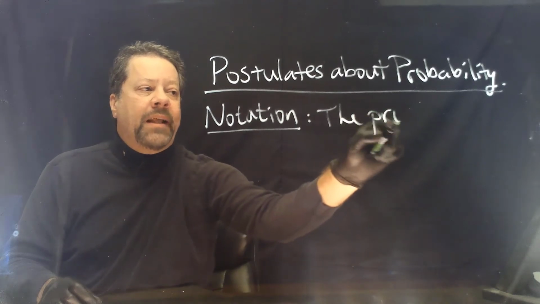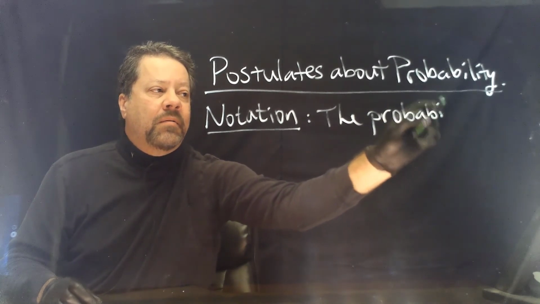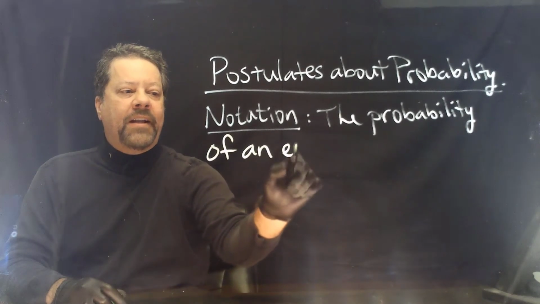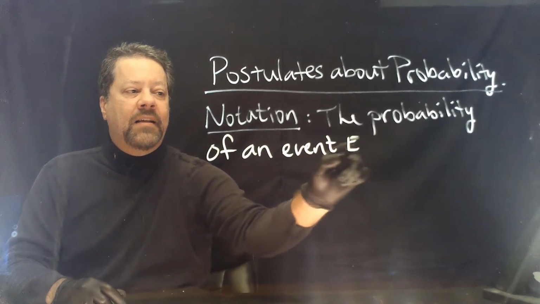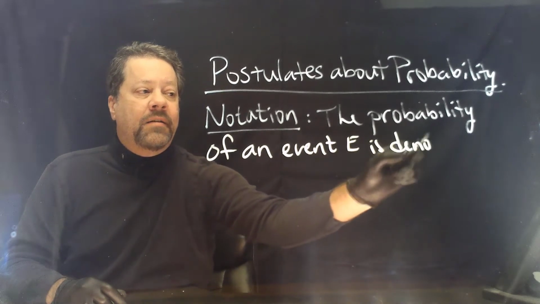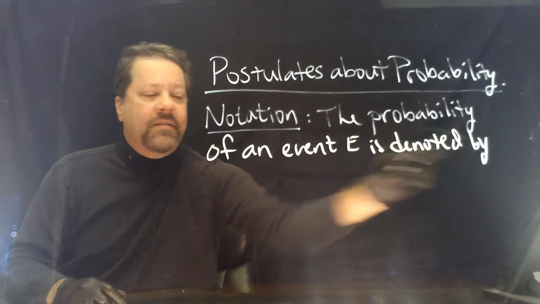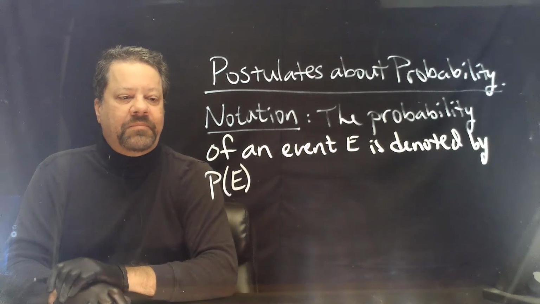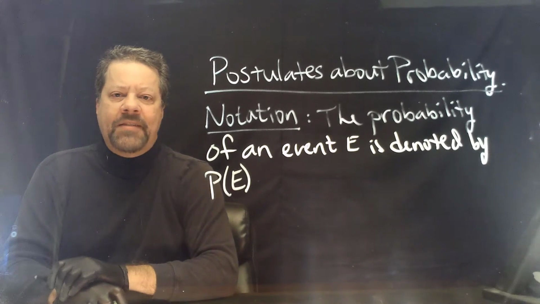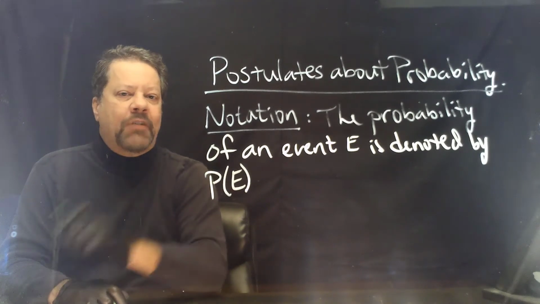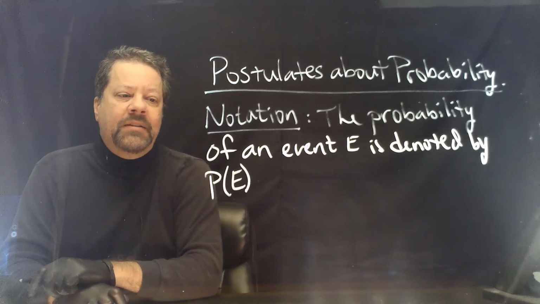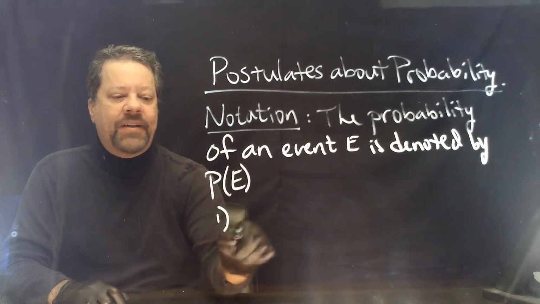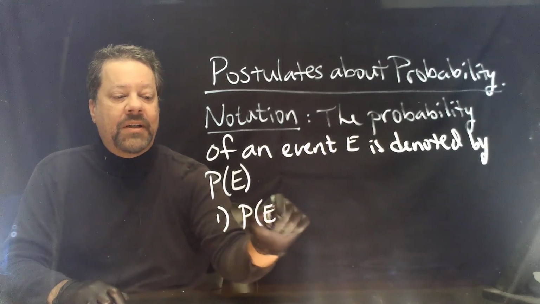The probability of an event E is denoted by capital P of E. We think of probability as a function. You feed in the event, it outputs a positive real number associated with that event. That number has to satisfy certain facts, certain postulates.